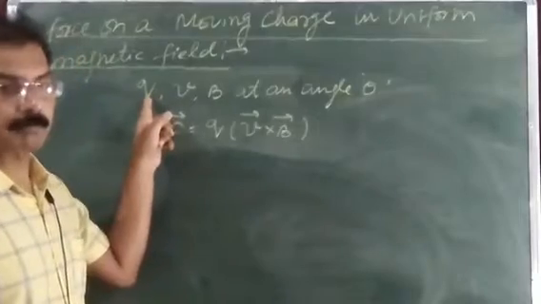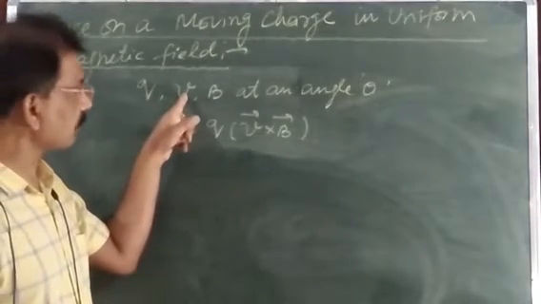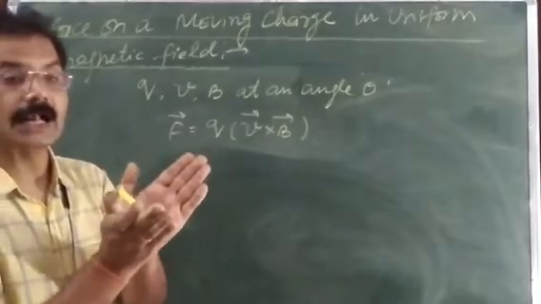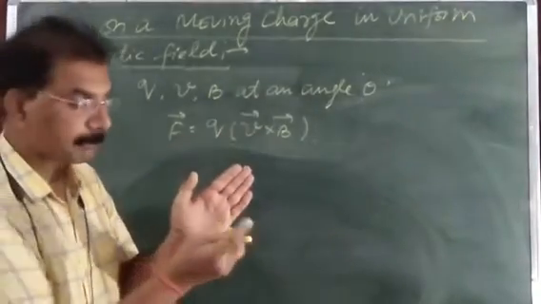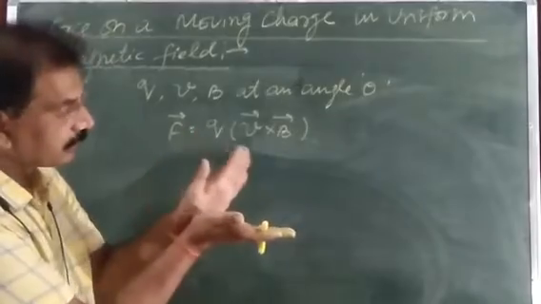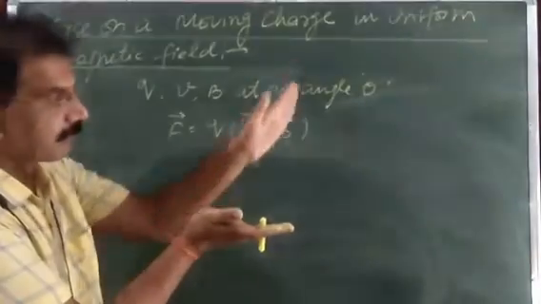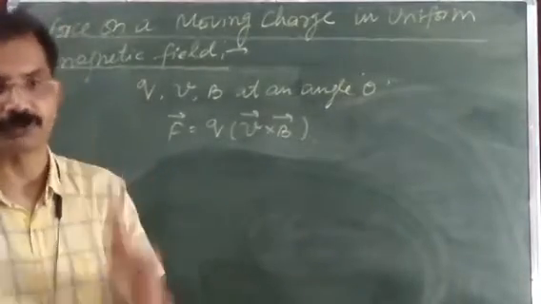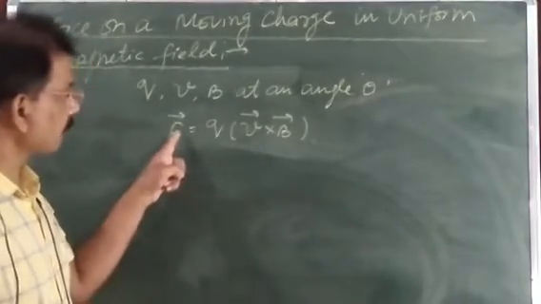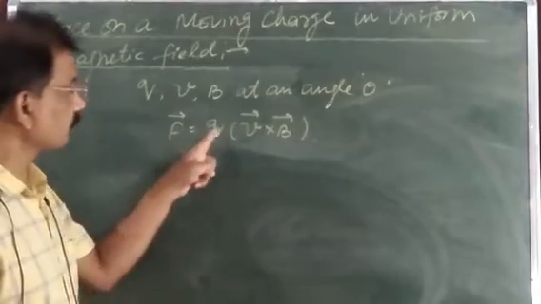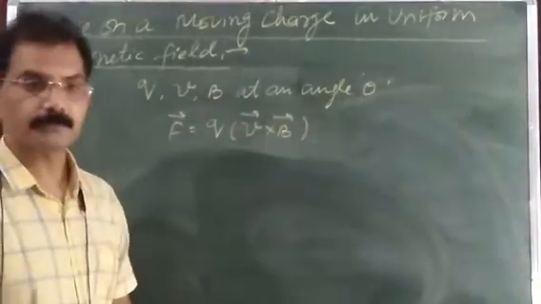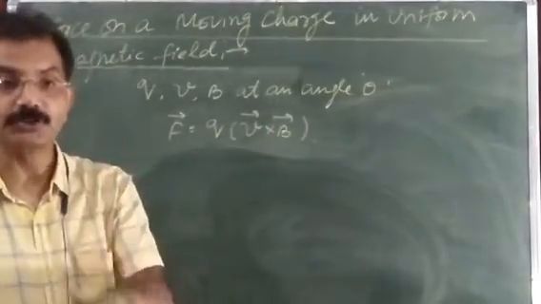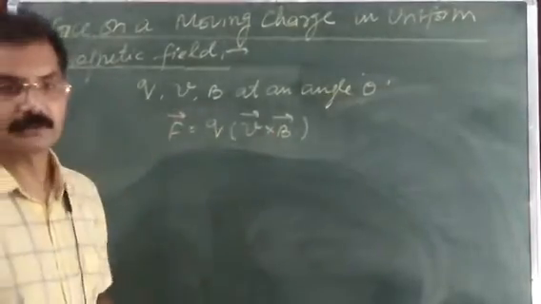This means when a charged particle Q enters a uniform magnetic field B with velocity v at an angle theta, then that charged particle will experience a force, and that force is given in vector form by F is equal to Q V cross B. Since force is a vector quantity, it has both magnitude as well as direction.